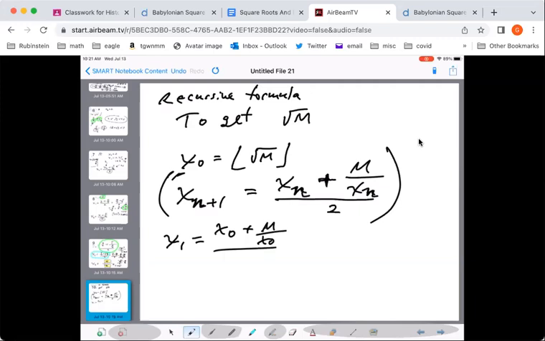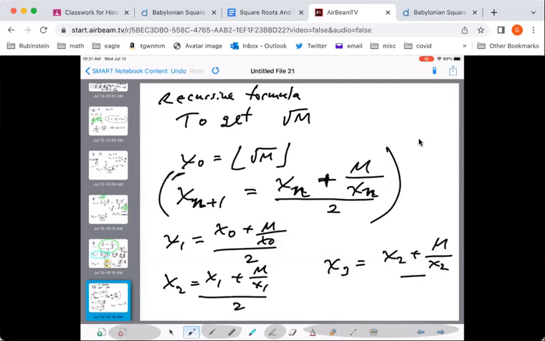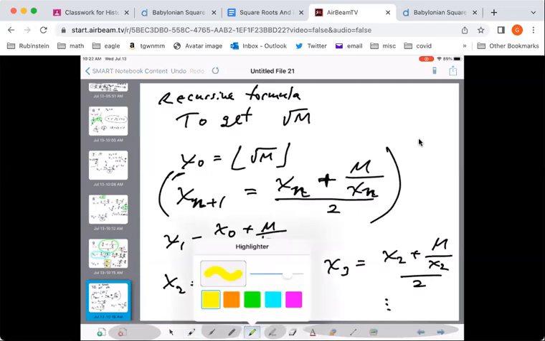Then x2 is whatever x1 was plus m over x1, divided by 2. x3 is x2 plus m over x2, over 2, and so on. This is what's called a recursive definition, but you actually don't need the fancy recursive definition.